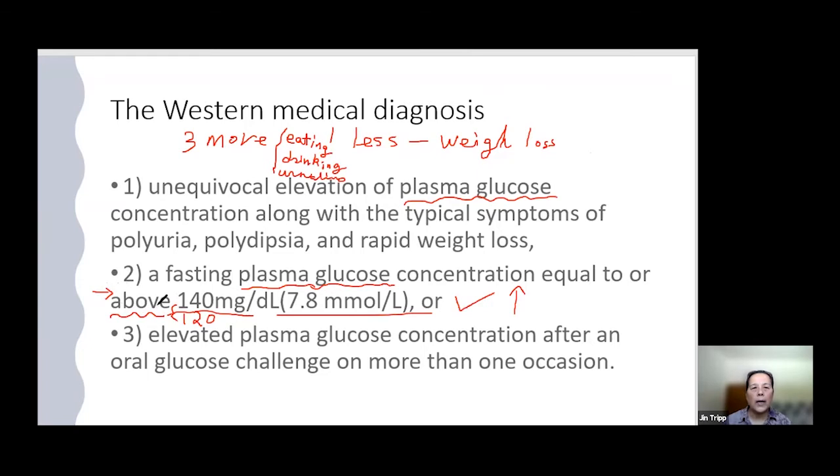But truly, some people may not get a clear diagnosis. For example, we say the typical symptoms are three more. They may just have one more or two more. And the body weight is not truly lost too much. And the blood glucose test is between normal and high.